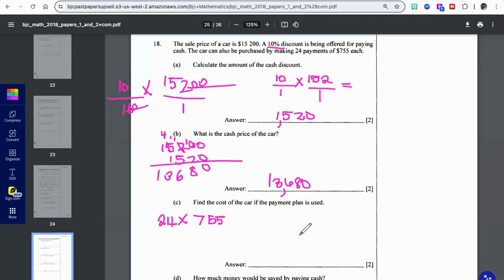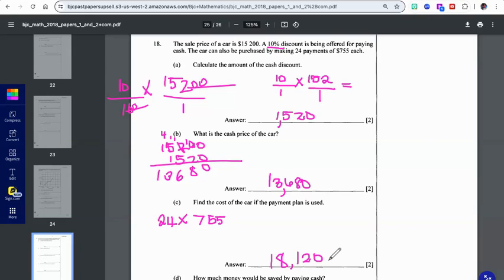Good job. I see a lot of persons sending this answer in, which is 18,120. That's the total monthly payments, the number of months by the one month payment.